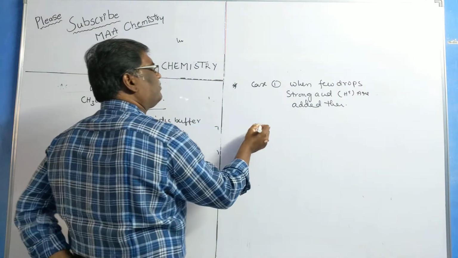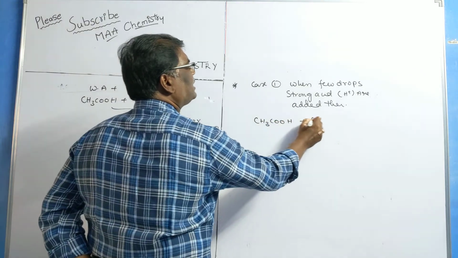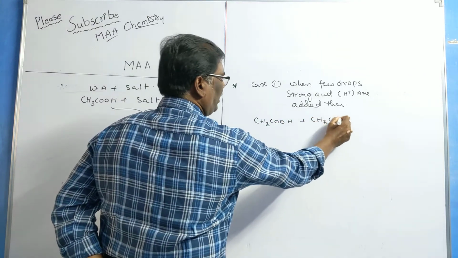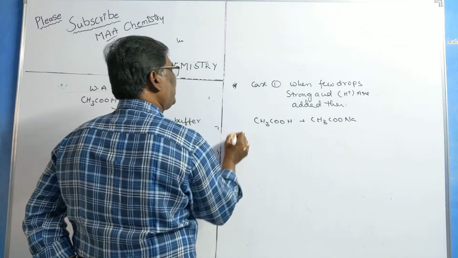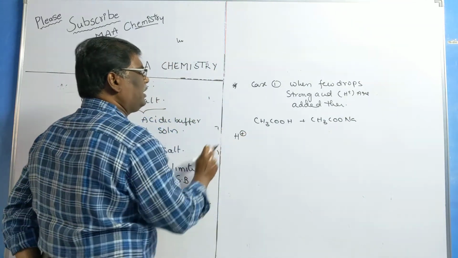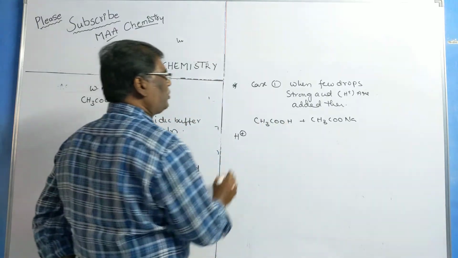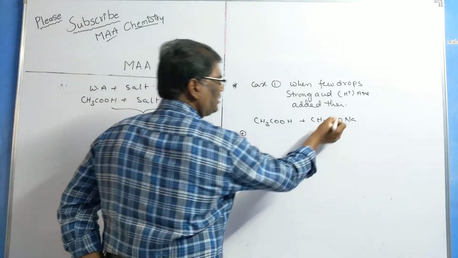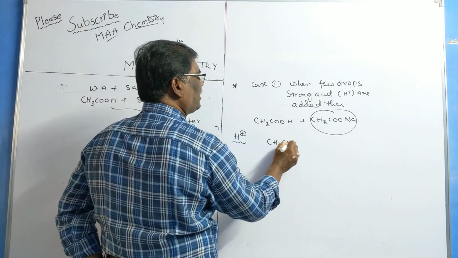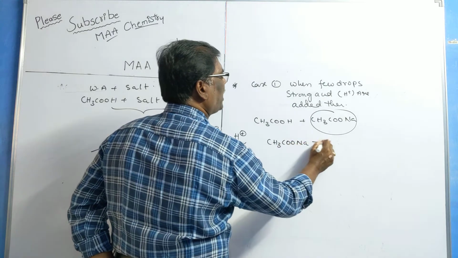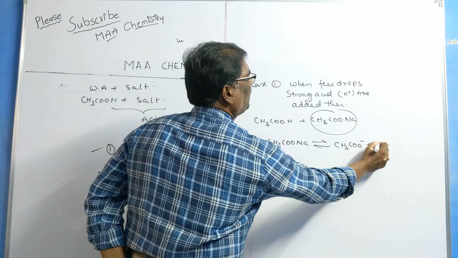Now we have, let us suppose, acetic acid and sodium acetate. Now I am adding acid. You know, in the presence of acid, the acid does not ionize. Therefore, the sodium acetate undergoes ionization into acetate ion and Na+.